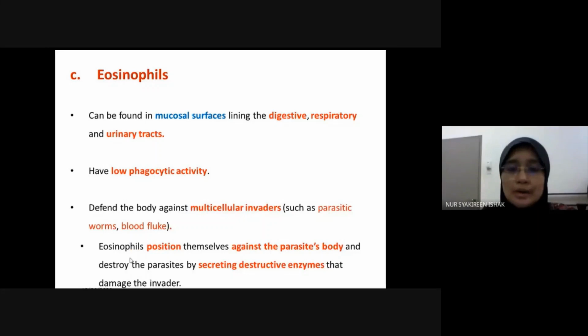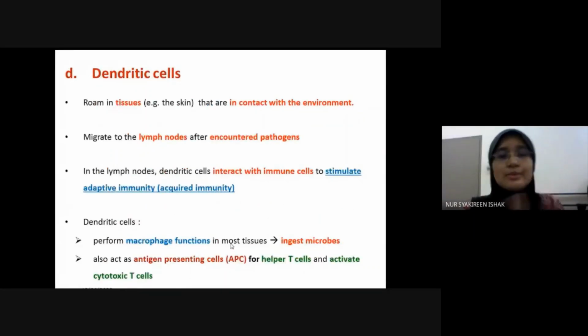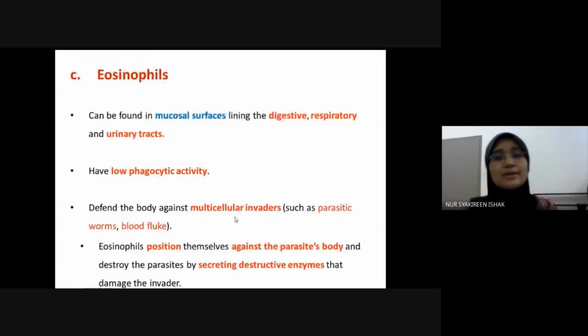How? The eosinophil will position itself against the parasite body and destroys the parasite by secreting destructive enzymes that damage the invaders. So dia boleh buat dua lah, okay, destroys multicellular pathogen and also carry out phagocytic activity.